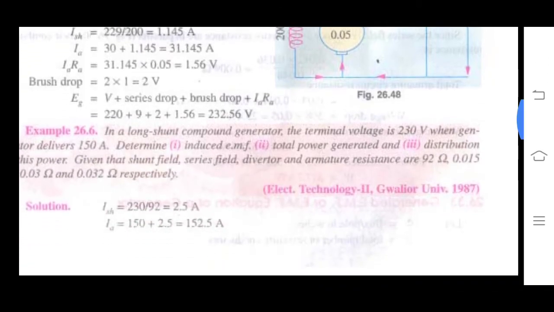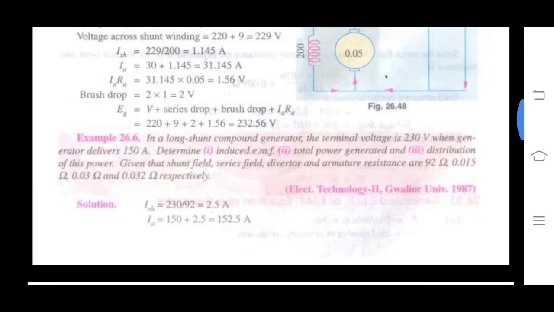In a long shunt compound generator, the terminal voltage is 230 volts. Draw the diagram of the long shunt compound generator. When the generator delivers 150 amps, determine the induced EMF, total power generated, and distribution of this power.